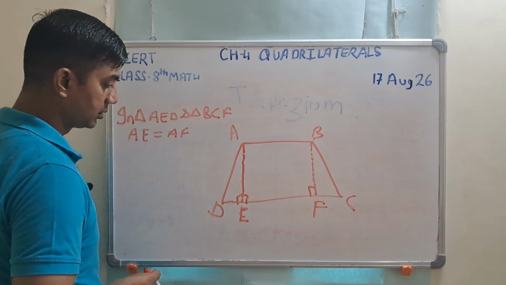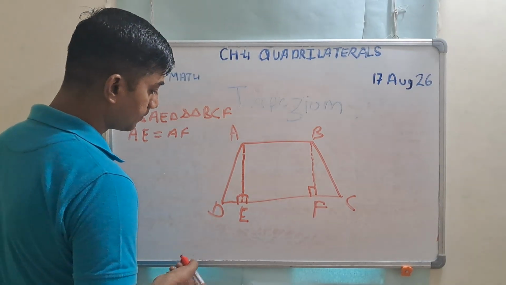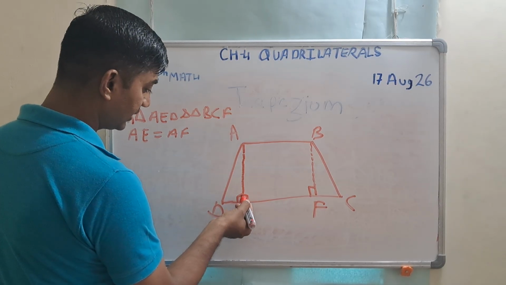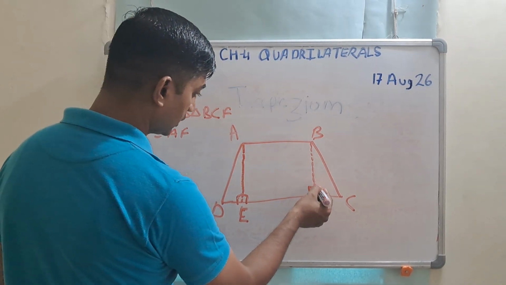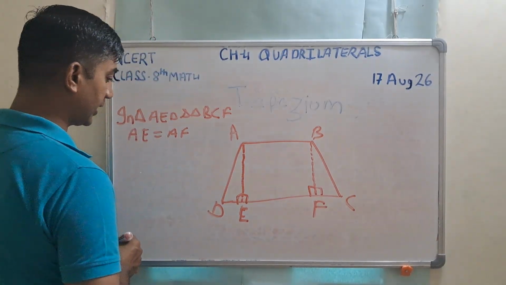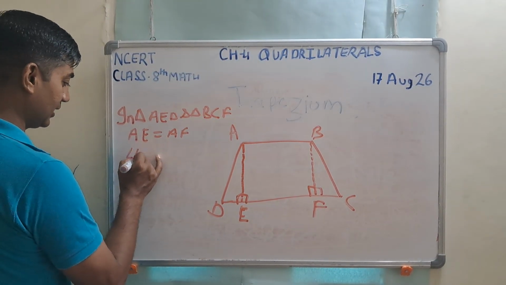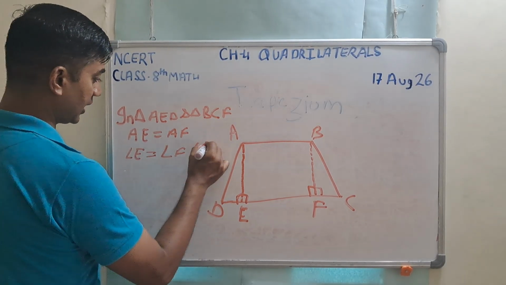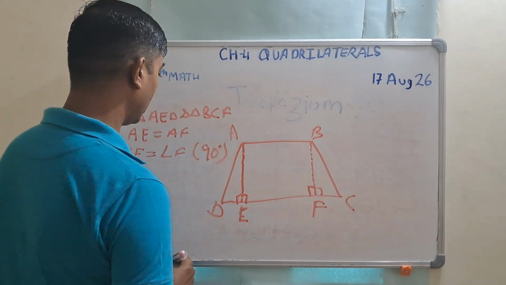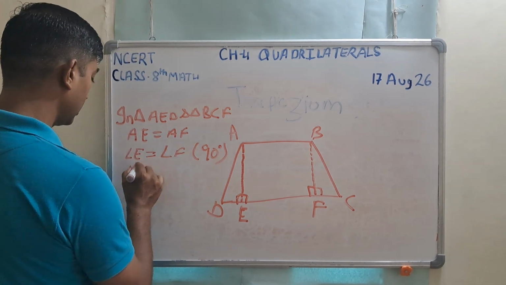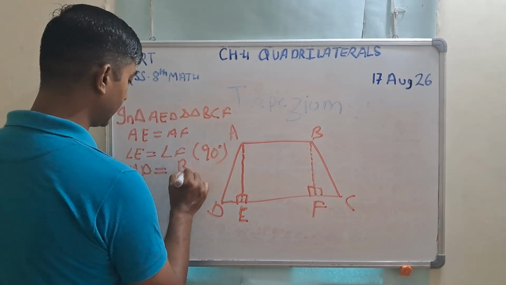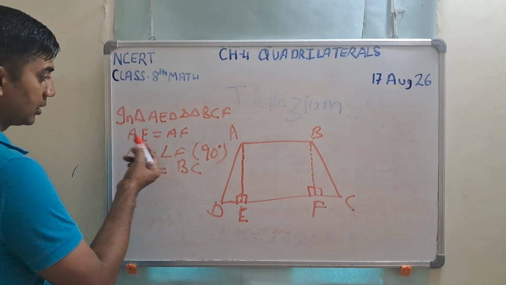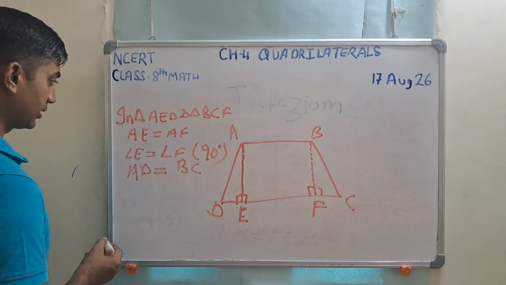And we see that this angle is equal to this angle because both are 90 degrees, means angle E is equal to angle F as both are 90 degrees. Also AD is equal to BC. So by the side-angle-side criterion both triangles are congruent. Understood?